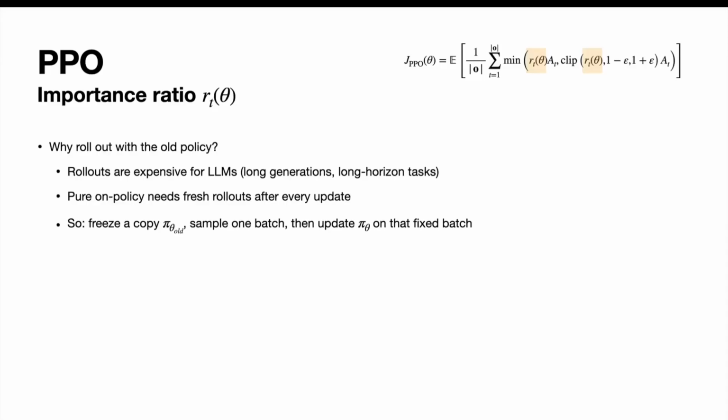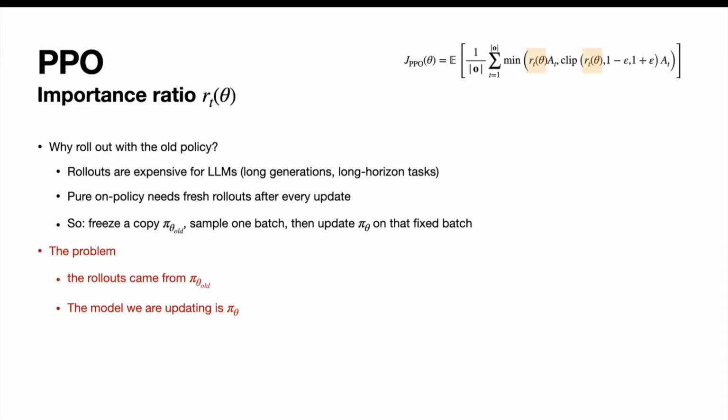So, in PPO, we first make a frozen copy of the current policy and call it the old policy, denoted as pi theta old. Then, we use this old policy to generate a batch of rollouts. After the rollouts are generated, we optimize the current policy pi theta using this fixed batch of data. This means we allow a small, controlled, off-policy mismatch.